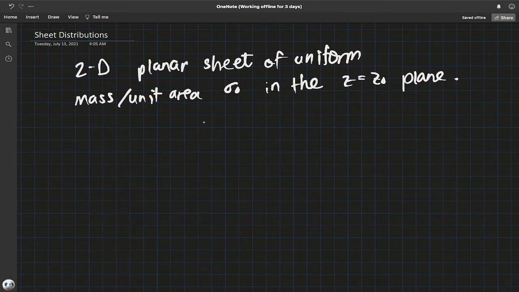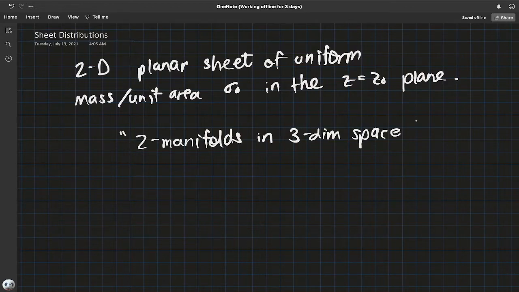Okay, so the way I think about these planes or these sheets is that, well, I don't like to use this notation because I haven't talked about them formally, they are two manifolds in three-dimensional space.